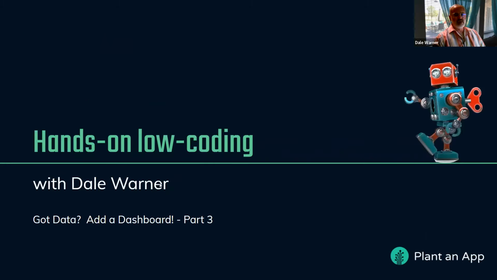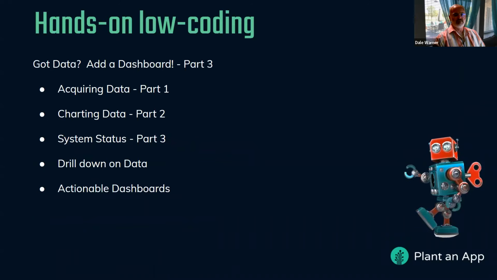Okay, so with that, we'll dive right into hands-on low coding, and we are continuing to build out a dashboard. This is part 3 of a series. In part 1, Patrick set up acquiring data. Last week, I dealt with charting data, and today we're going to expand on getting the functionality of the site, getting system status.